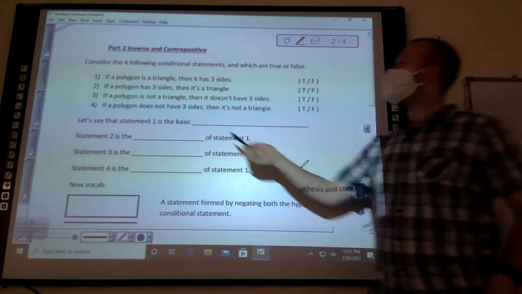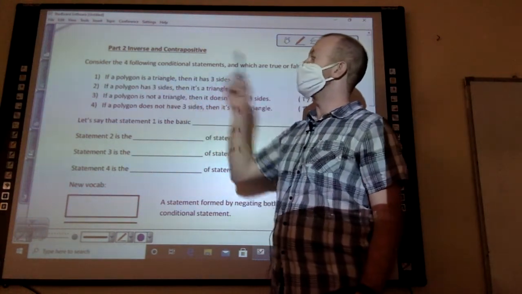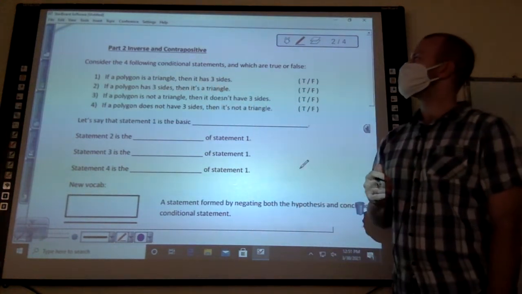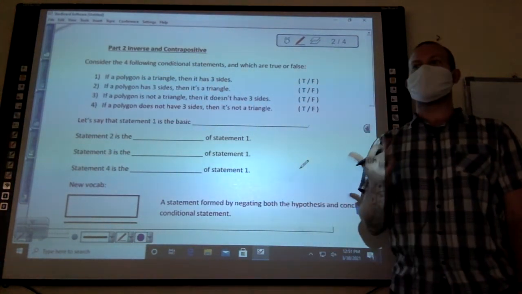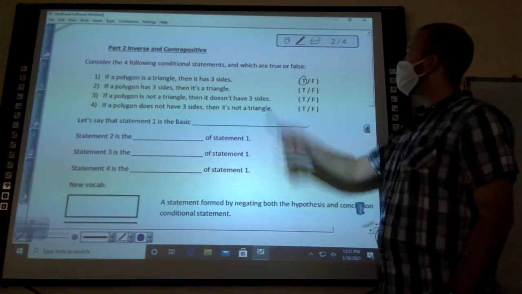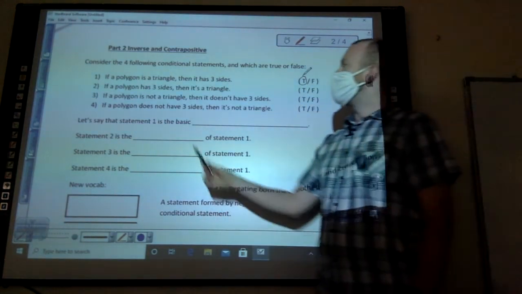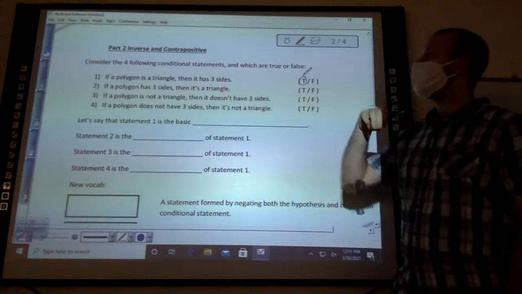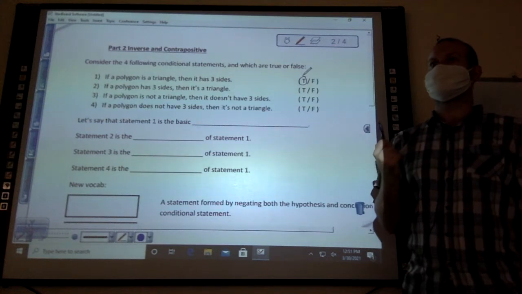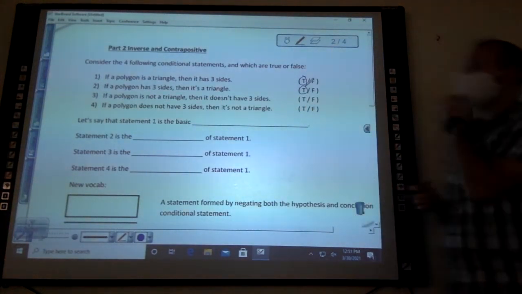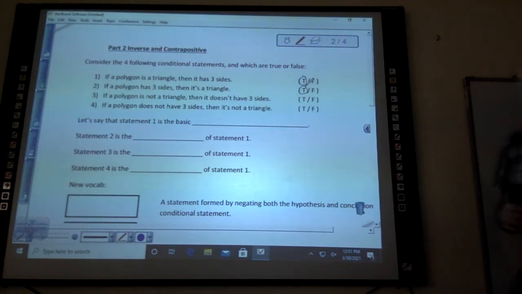So if a polygon is a triangle, then it has 3 sides. Would that be true? If a shape has 3 sides, sure, that's a triangle. If a polygon has 3 sides, then it's a triangle. That's also true. If you have a shape that has 3 sides, it must be a triangle.